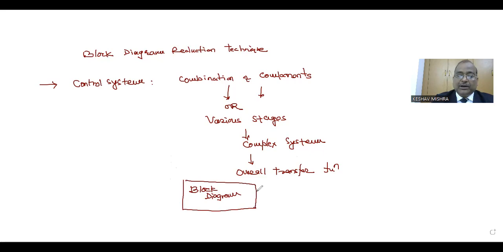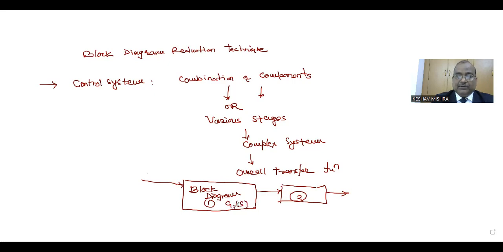Suppose this is stage number 1, this is stage number 2. So we are representing the individual stages of a control system that is complex in nature by using block diagrams, and obviously each individual stage has its transfer function.